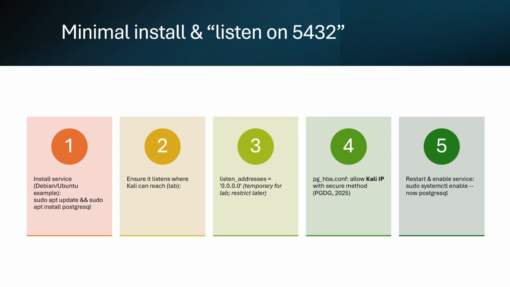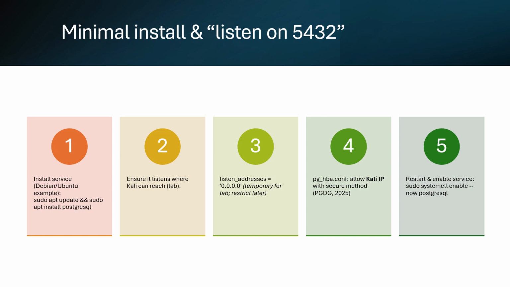In a lab setting, the basic steps are: install the PostgreSQL server package, adjust postgresql.conf so that listen_addresses includes the interface from which your Kali box will connect. Update pg_hba.conf to allow only the IPs you trust using a secure authentication method.